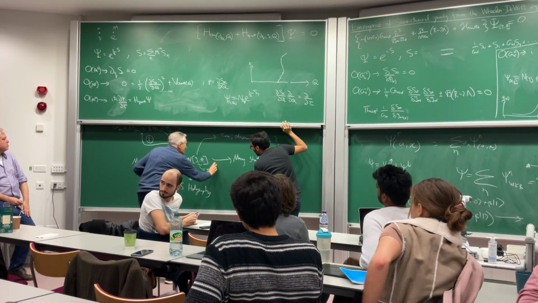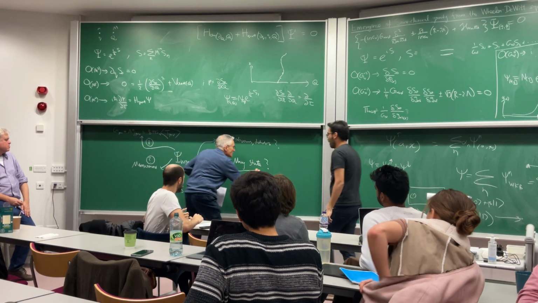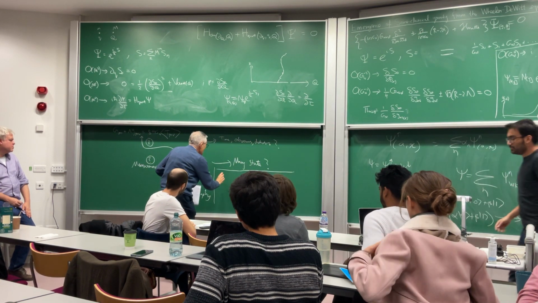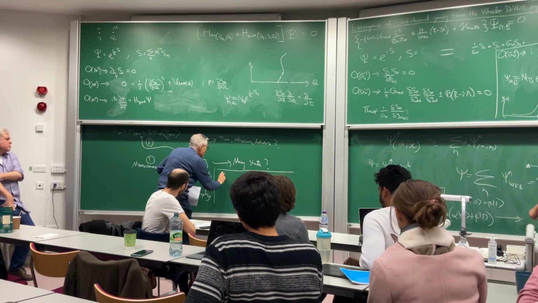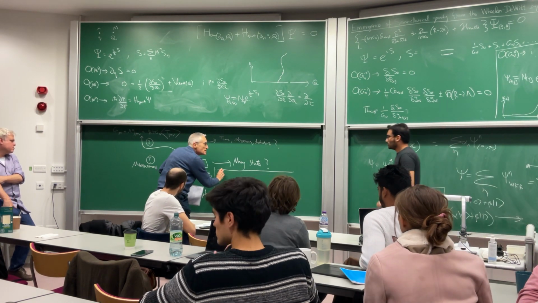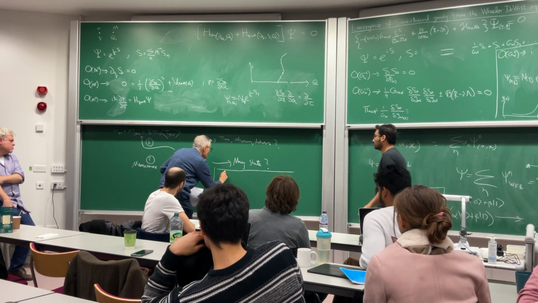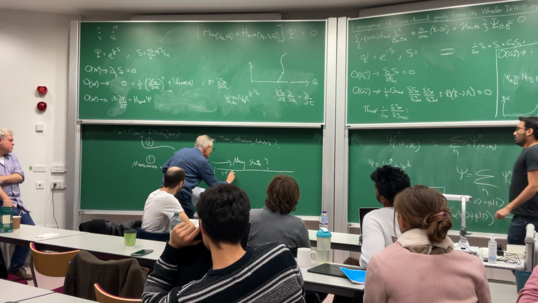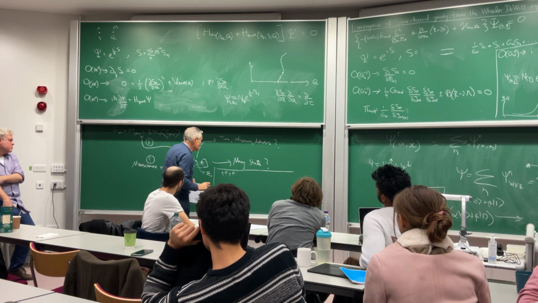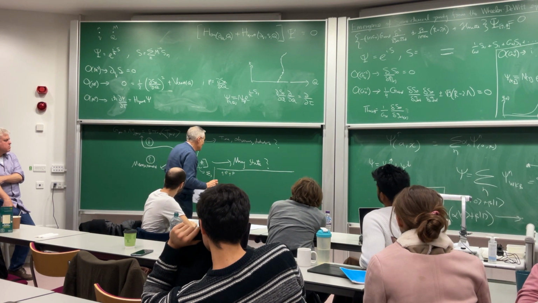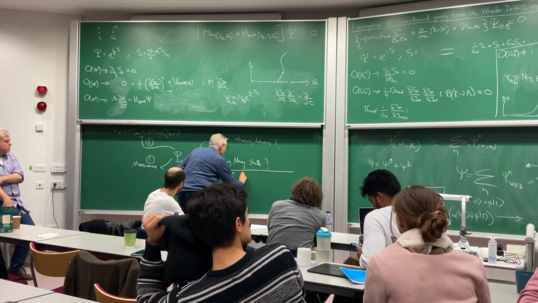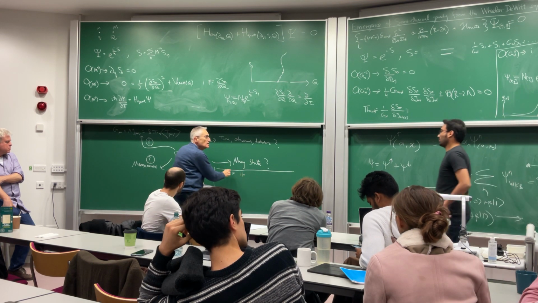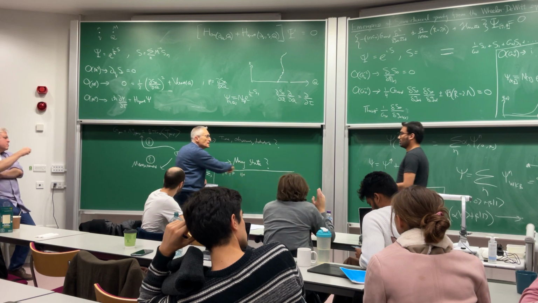Okay, so if I can clear a little space here. You said to study a simple model with two degrees of freedom, right? With little q and big Q, and little p and big P. I guess you have a Hamiltonian, supposing these are just one degree of freedom, so particles moving along the line.